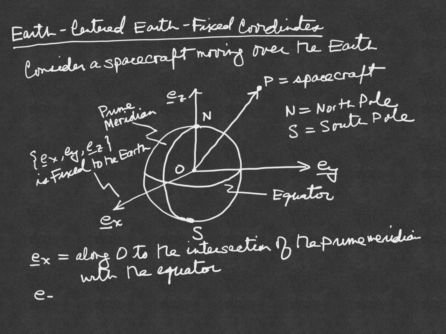Then EZ is along ON, where N, as I defined, is the North Pole and O is the center of the Earth. And then EY is equal to EZ crossed with EX. Now, if we put the basis together with the origin O, then we have Earth-centered, Earth-fixed coordinates.